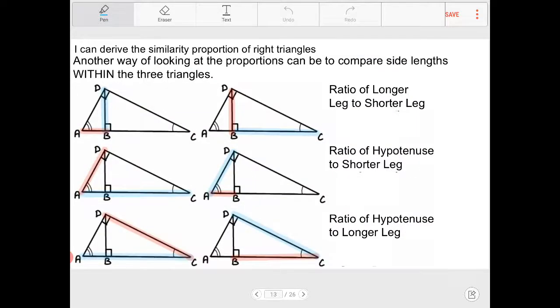Okay, so then there are also other proportions that we can set up. We can set up a ratio between the longer leg to the shorter leg within the triangle. So I can set up the proportion AB to DB is to DB to BC. I can also set up another proportion between the hypotenuse to the shorter leg, and similarly the ratio of the hypotenuse to the longer leg.